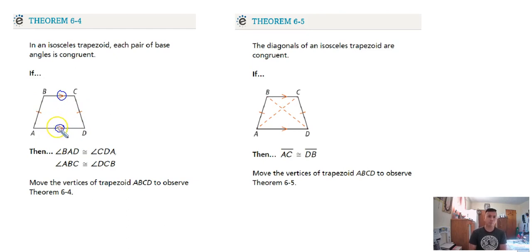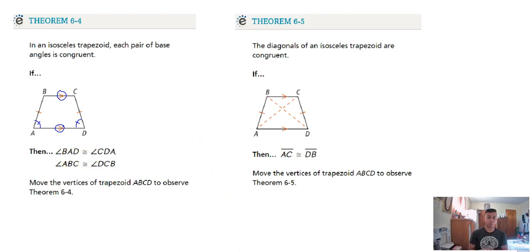This small mark here symbolizes congruency. Now, if this is an isosceles trapezoid, then the base angles are congruent. So your BAD, which is this angle, is congruent to CDA. Now, if I rotate 180 degrees, your BC will become the base.